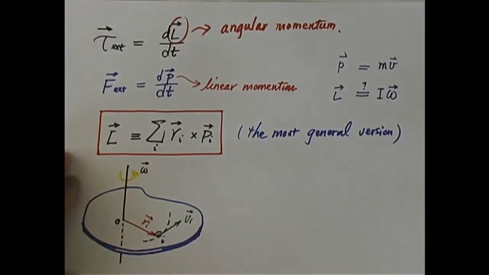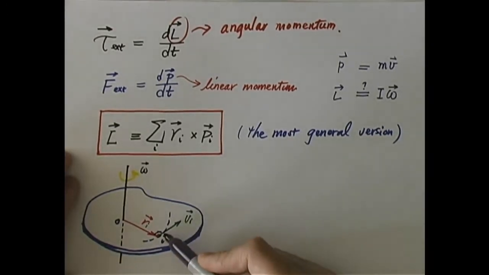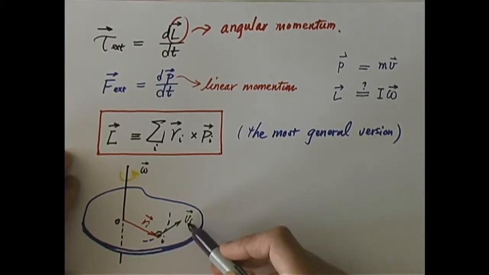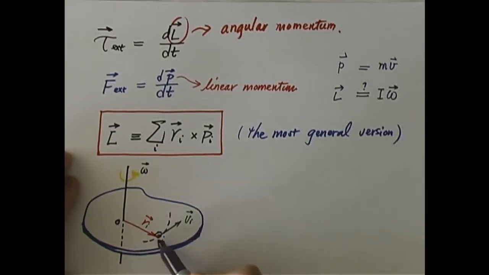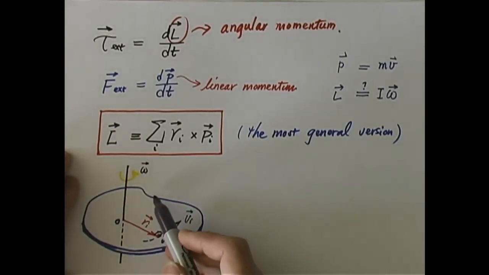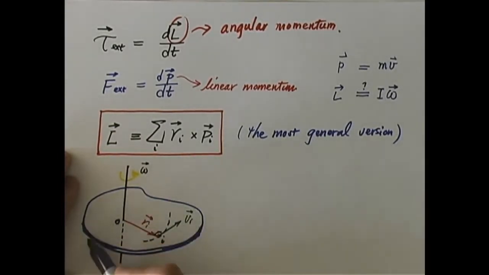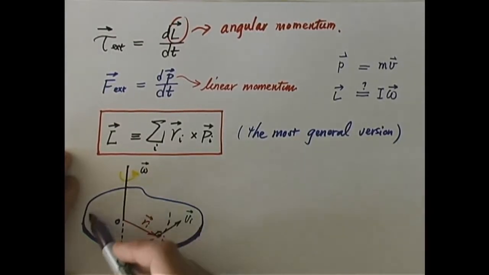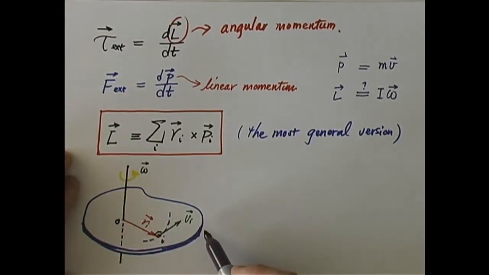What is r sub i cross p sub i? P is the linear momentum of this point, which is the mass of the object times its velocity. So first of all, r cross v. R and v are both drawn to be within this plane, so r cross v is perpendicular to this plane, and that goes for every point within this plane.